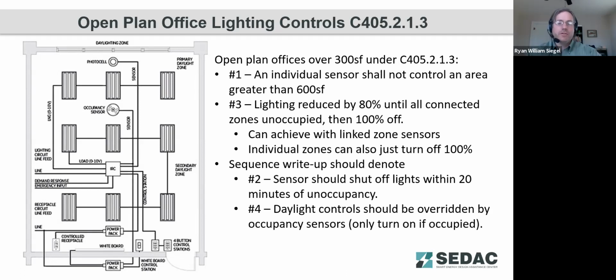As far as our control sequence, understanding that the write-up needs to note how that's going to work. So if you're going to reduce the lighting by 80% in a given zone and then intertie the sensors such that it goes to 100% off once all zones are unoccupied, then that could be in the control narrative, or you can just say that the zones will go to 100% off when occupancy is no longer within that zone.